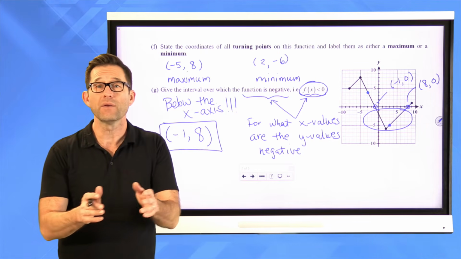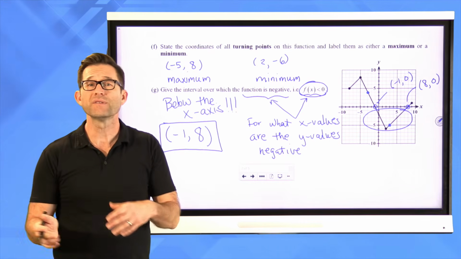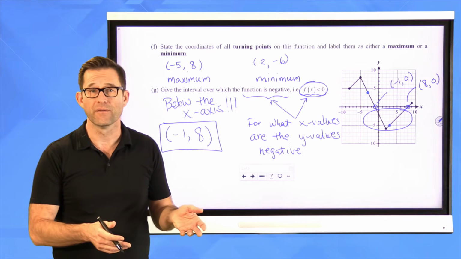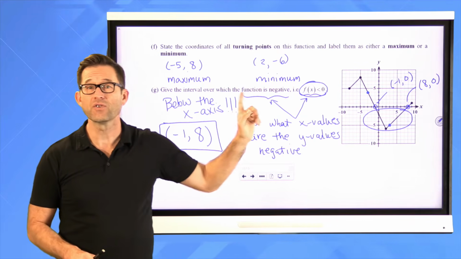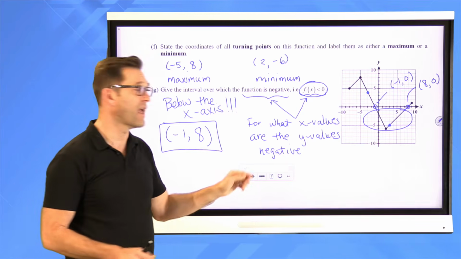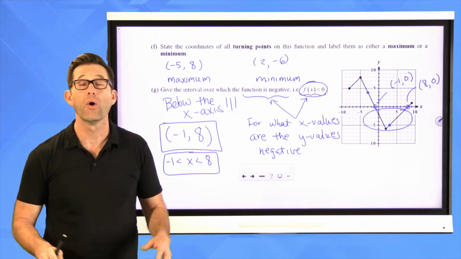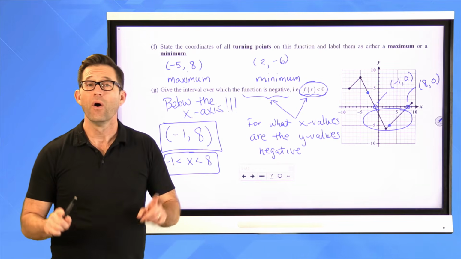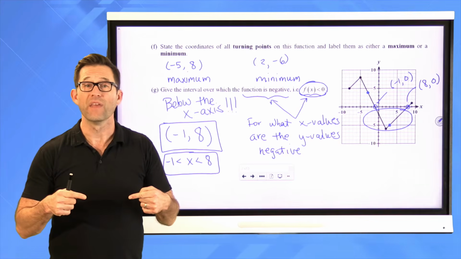The y values at x = -1 and at x = 8 are 0, and 0 is neither negative nor positive, okay? So I can say that the function is negative from -1 to 8. I could also write it like this. Either one of those would be a completely acceptable way of talking about where this function is negative, or another way to look at it, where this function is below the x-axis.